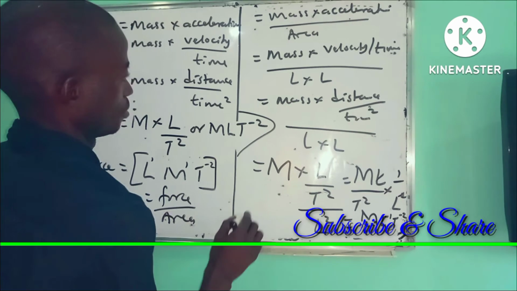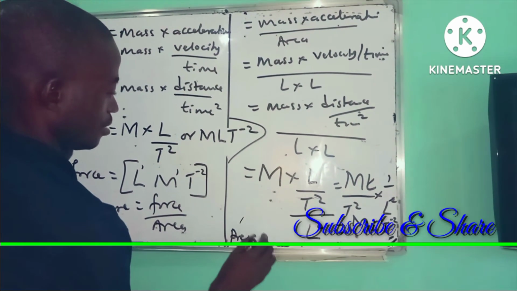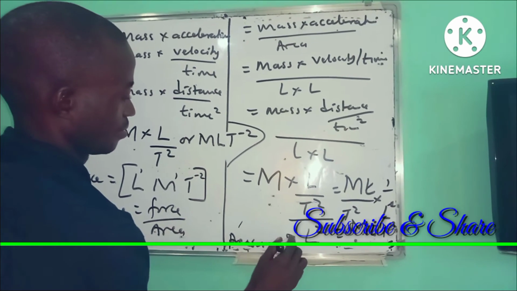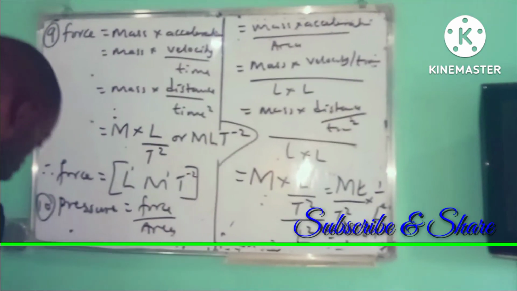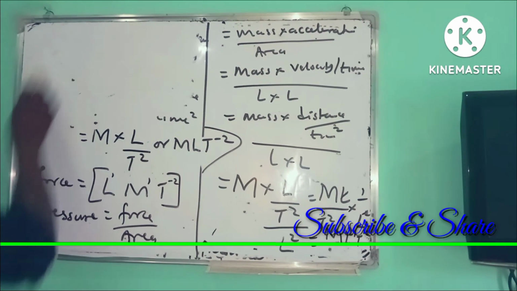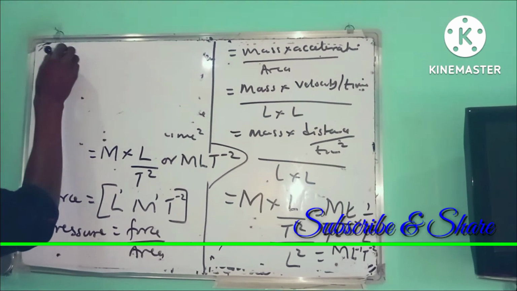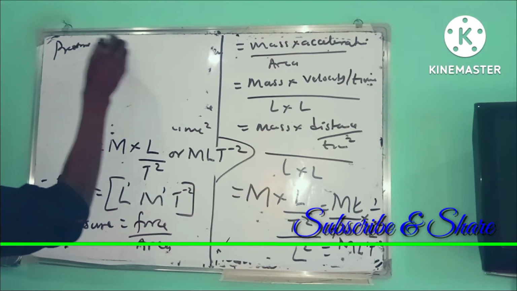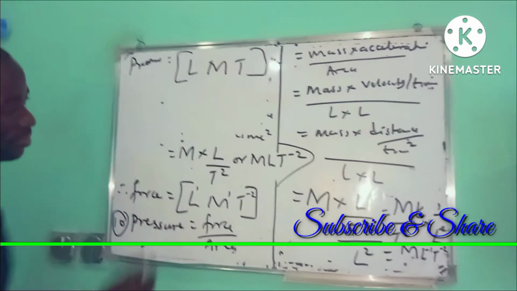So the dimension of pressure can now be written in terms of [LMT].